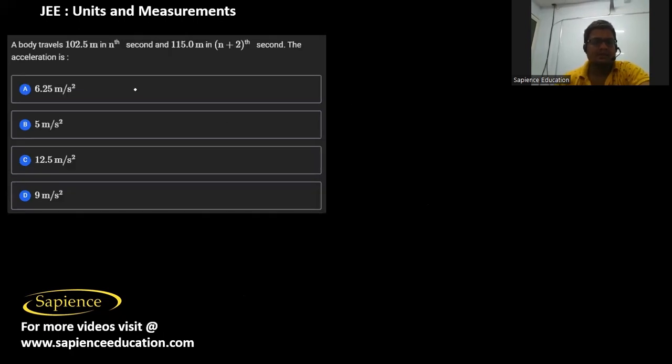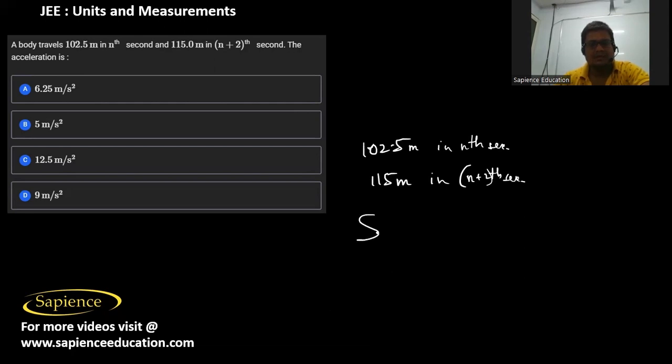Then here it is told a body travels 102.5 meters in the nth second and 115 meters in the n plus 2th second. Then the acceleration is? As you know, the displacement in the nth second is given as u plus half a into 2n minus 1, which is equal to 102.5 meter.